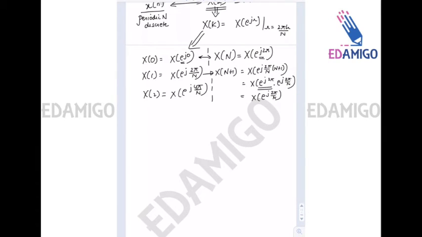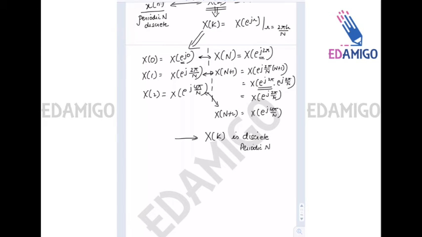So these two will be equal. Similarly, X[N+2] will be equal to e^{j4π/N}, so these two will be equal. So I can say that capital X[k] is discrete and periodic with period N.